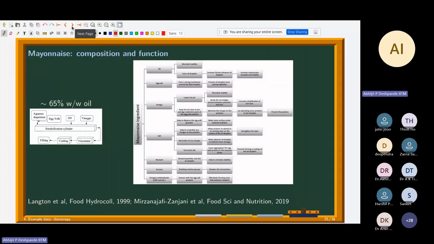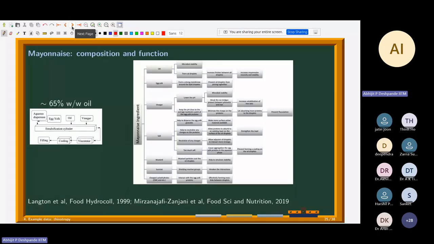Mayonnaise, of course, is a very common material these days. It's an aqueous dispersion. There is oil, there is vinegar, so it's fairly complex in terms of its composition.